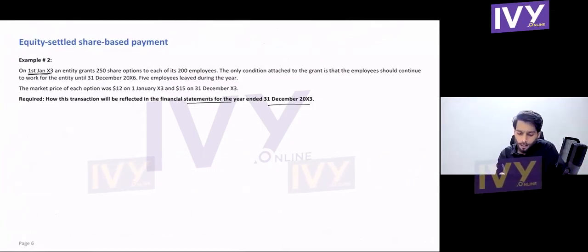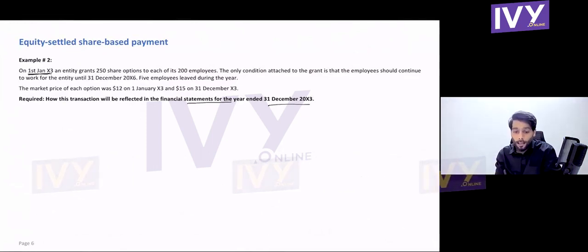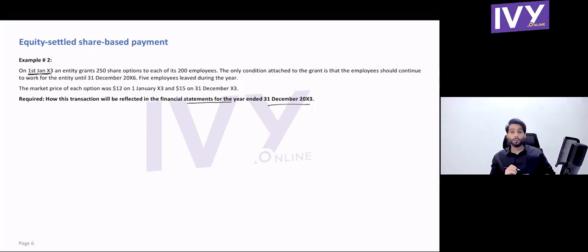It says that on 1st January 20x3, an entity grants 250 share options. Now look here, we are talking about share options. Share options mean that we are talking about equity settled share based payments.